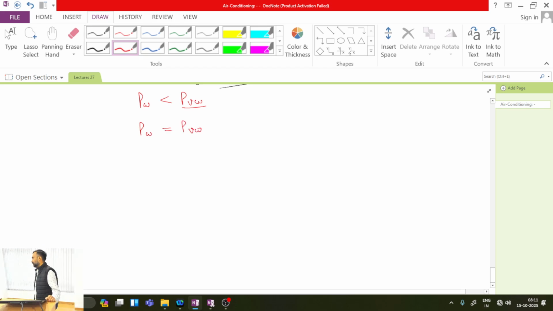Out of these two, which one will be the superheated state, and which one the saturated state? The second one corresponds to the saturated vapor state, and the first one corresponds to the superheated state.